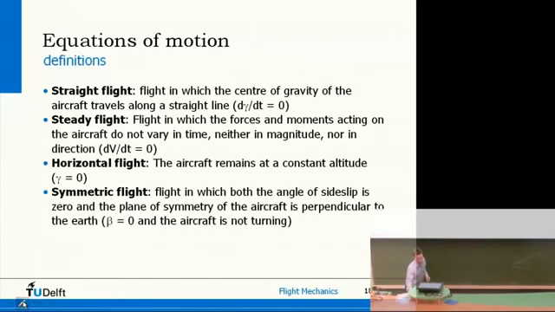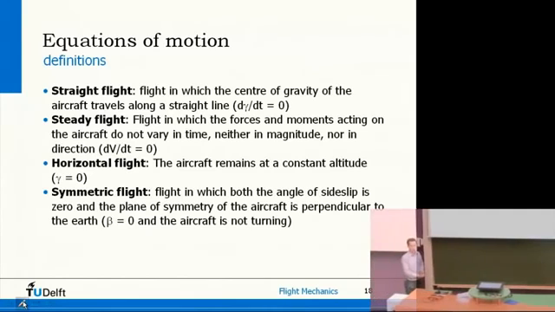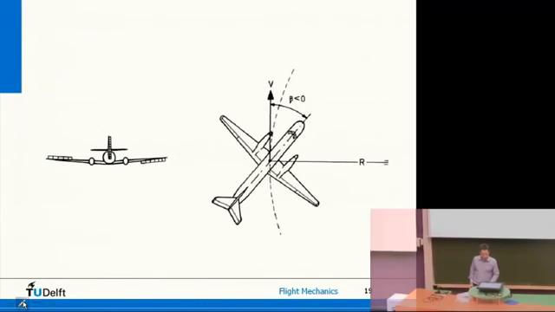Now, the final one, symmetric flight, is not so relevant for this lecture really. All it means is that the aircraft is not turning. There's one additional thing, and that is that the plane of symmetry of the aircraft is perpendicular to the Earth. Now that is maybe a bit difficult to understand directly, so what do I mean with that?